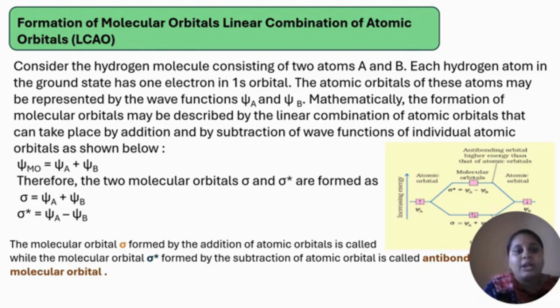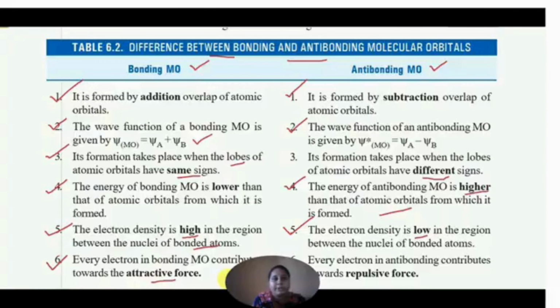So the molecular orbital sigma, formed from the atomic orbitals by addition, is called the bonding molecular orbital, while if it is formed by subtraction, it is called the antibonding molecular orbital.